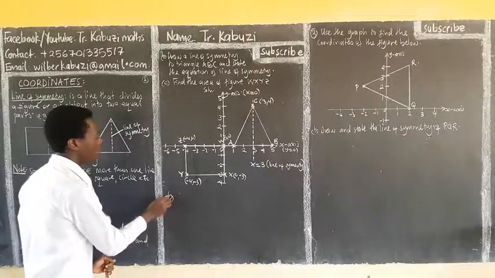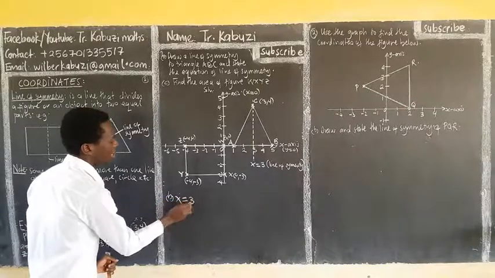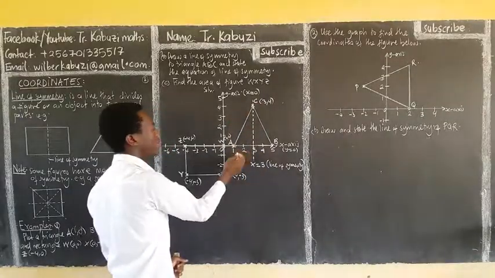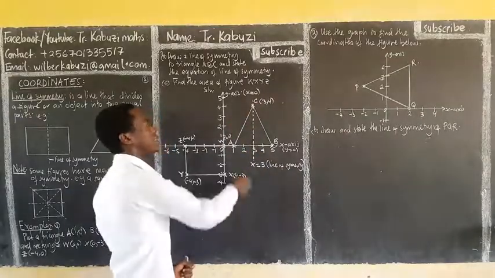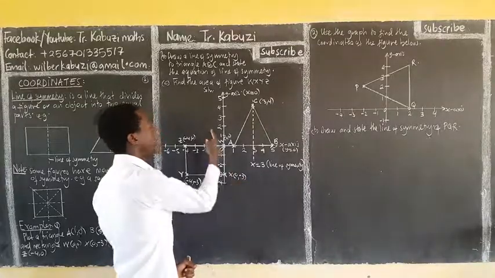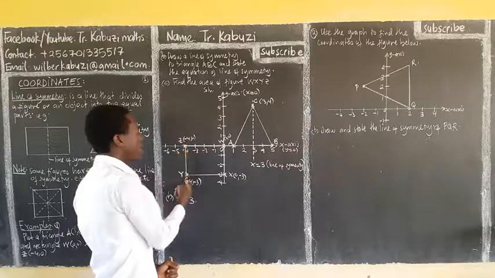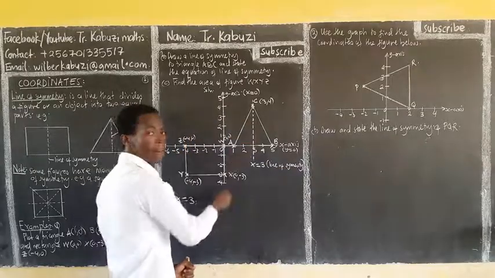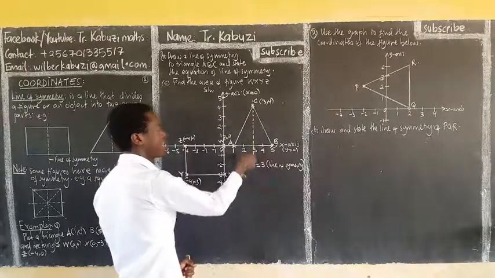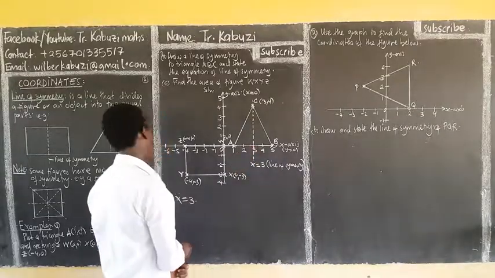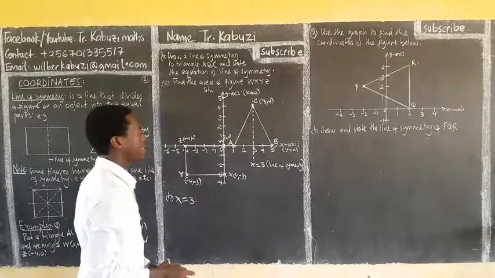For B, I'm drawing it, then I'm stating it is X equal to 3. Why? It's passing through this. If it was passing through 2, it would have been X equal to 2. These are vertical lines. This one would have been X equal to negative 2. This would have been X equal to negative 4. As long as it cuts the X-axis, you just put in the coordinate which it passes through.